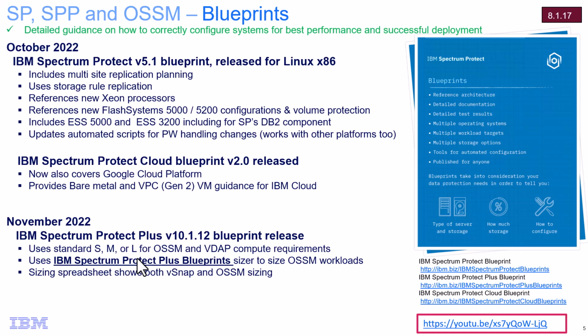And remember, the Spectrum Protect Plus Sizer is available out on the web. And these sizing spreadsheets will work both for the traditional vSnap storage pools inside of SPP or for the new OSSM storage pools. I do have a new video out there talking about some of the new enhancements in these blueprints, so be sure to check that out.